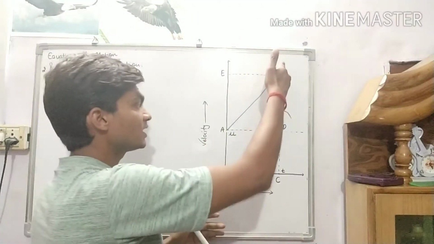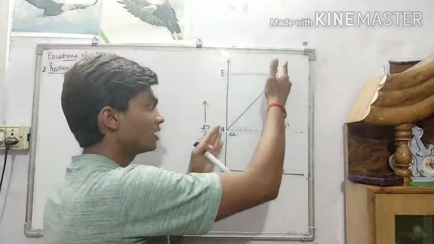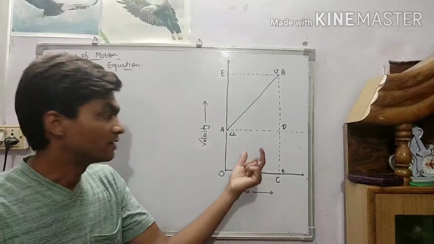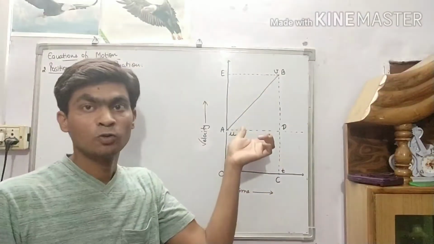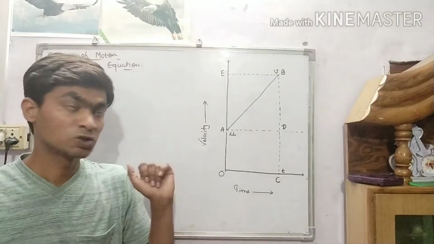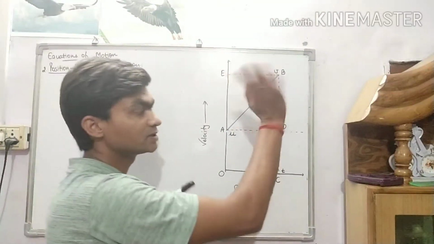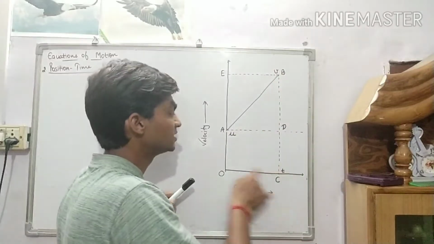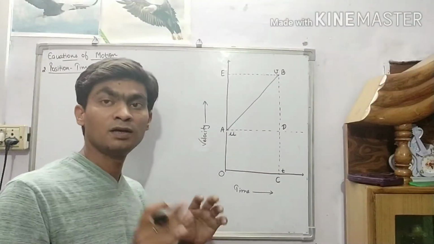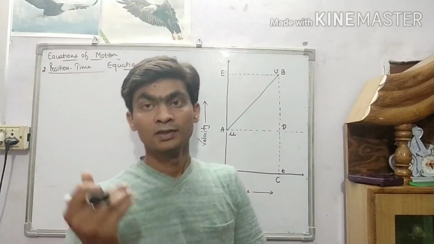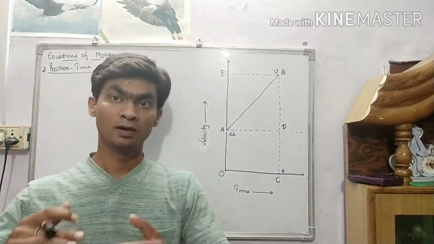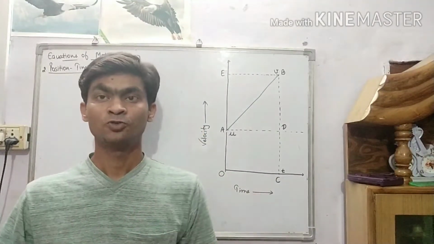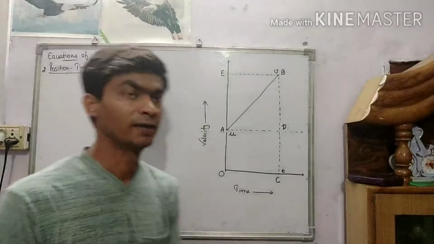So the area enclosed from A to B can be considered a quadrilateral, which is actually a trapezium. Here ABCD will give the value of the displacement that the object has traversed.